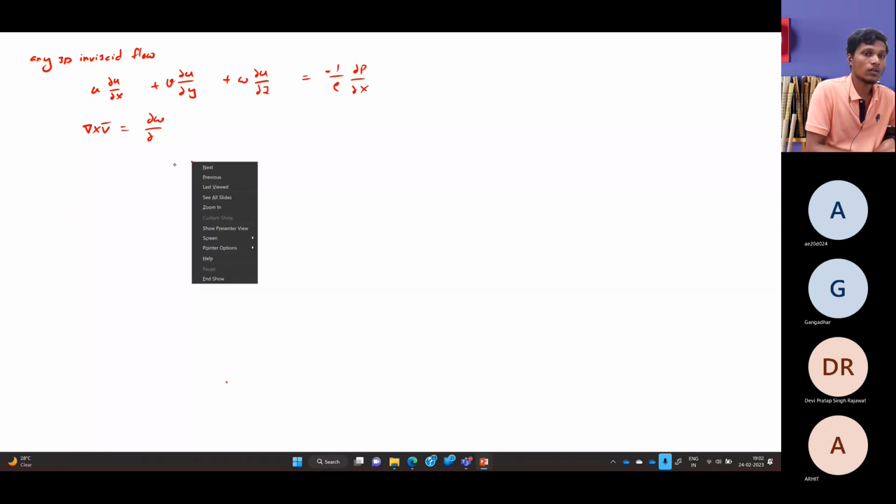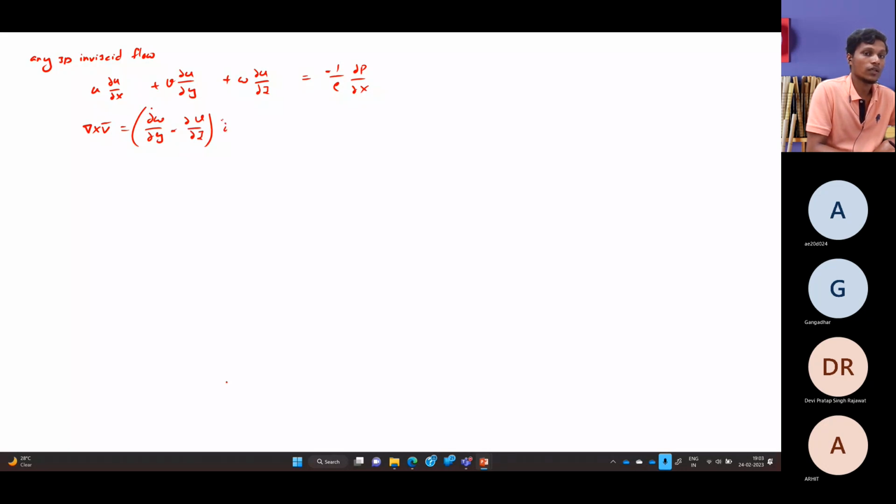I'm not going to write it again, but let me show you the details of how it is. Curl of velocity is dou w by dou y minus dou v by dou z, this part i cap, and minus dou w by dou x minus dou u by dou z, j cap, plus dou v by dou x minus dou u by dou y, k cap.